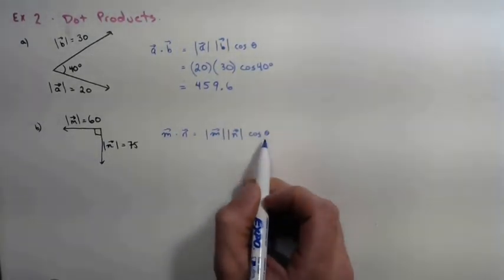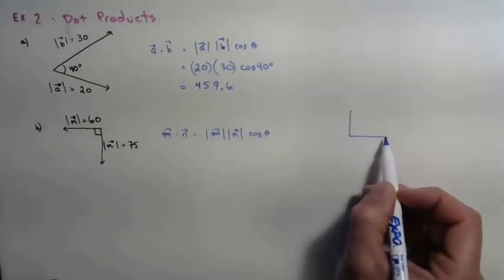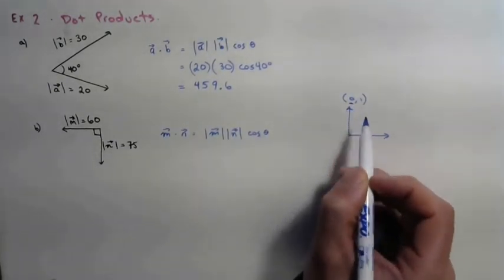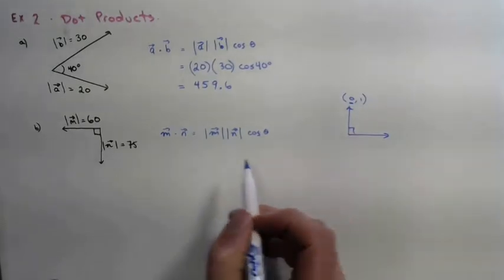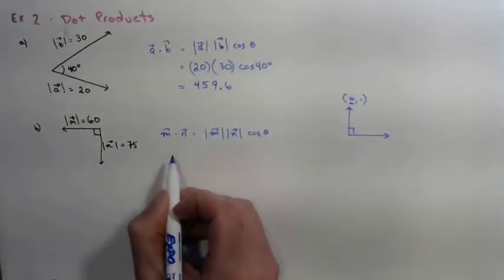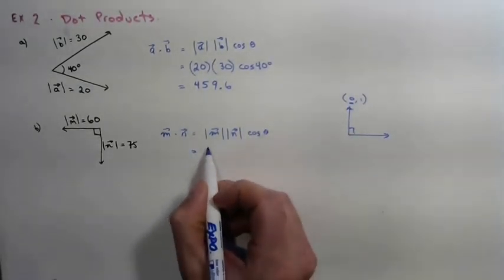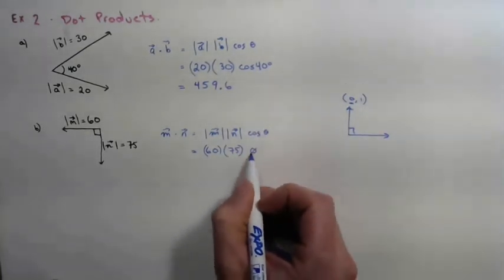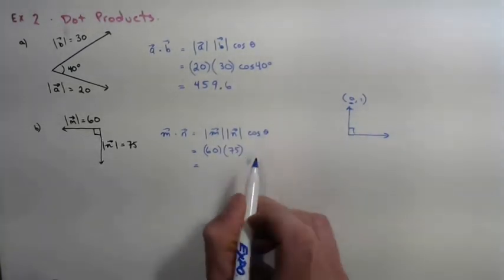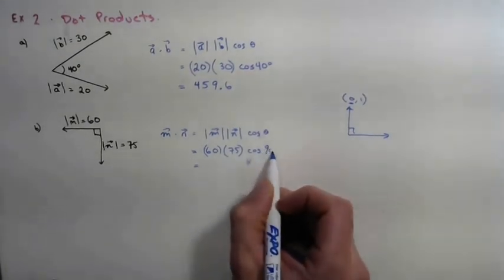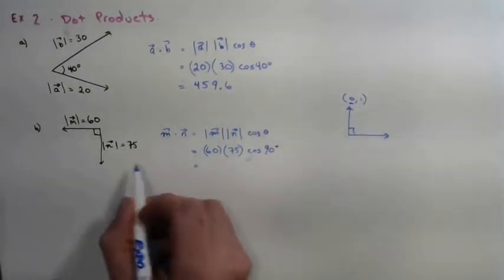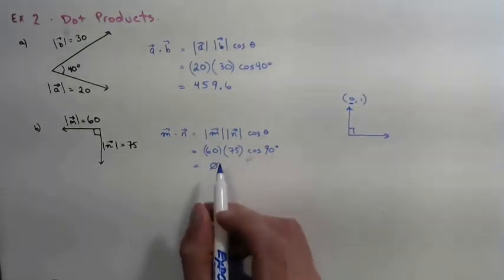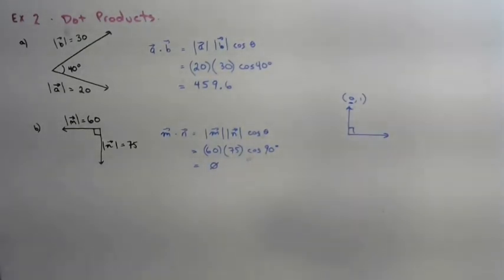What's the cosine of 90 degrees? The cosine of 90 degrees is 0. So this whole thing is going to be 0. But I'll sub in what we know just because. We've got 60 times 75 times the cosine of 90 degrees. That's the angle in between them. And it's going to be 0. Good.